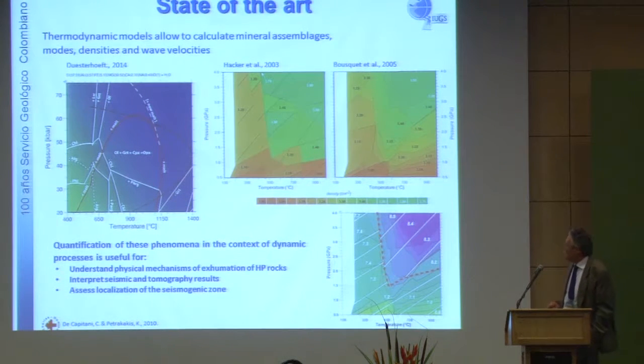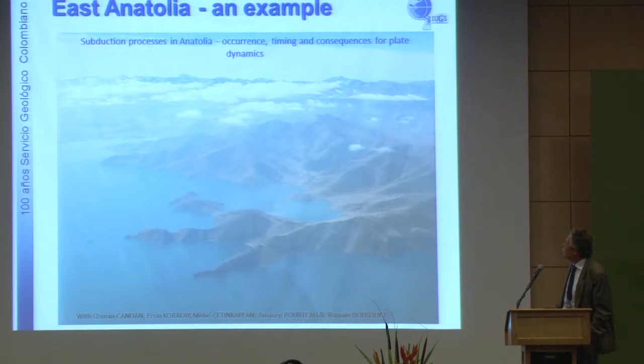And the quantification of these phenomena is important in the context of geodynamics, because we can better understand the physical properties and mechanisms of exhumation of rocks. We can understand or interpret the seismic and tomographic results, and it is important for the assessment of the localization of the seismogenic zone.